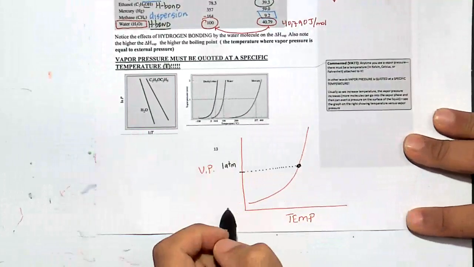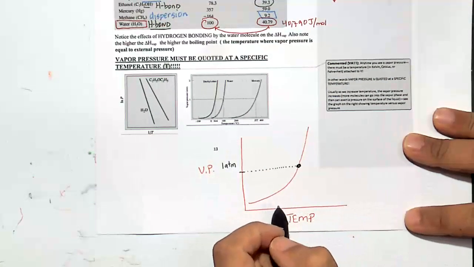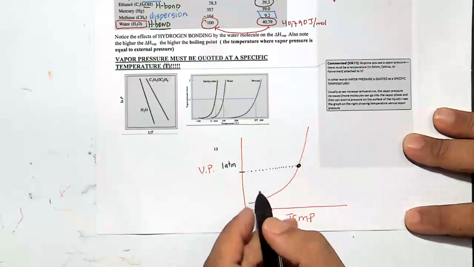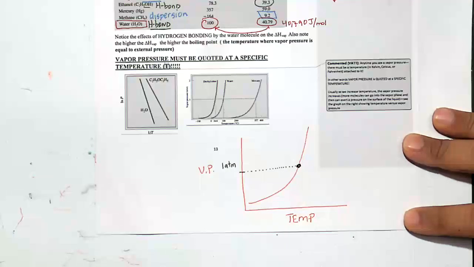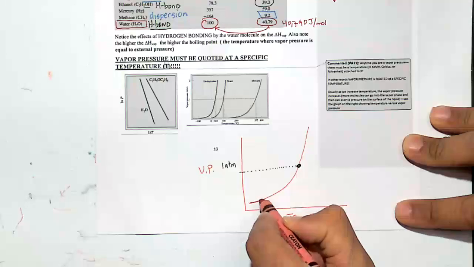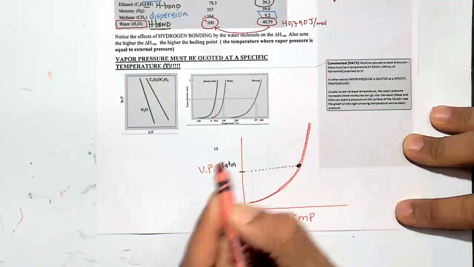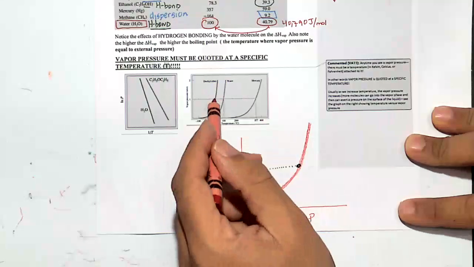So the vapor pressure is on the y-axis, temperature on the x-axis, and the profile is going to have that shape.